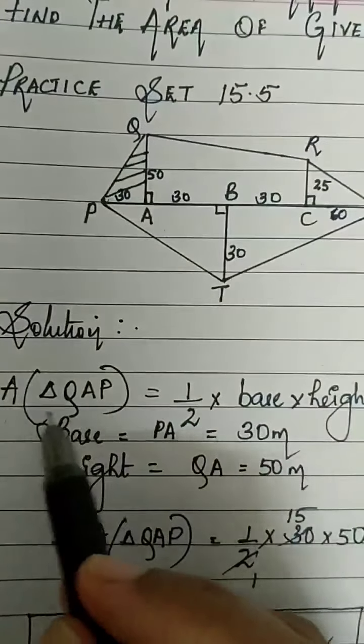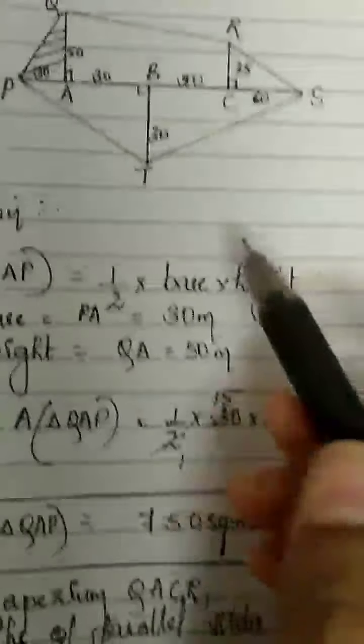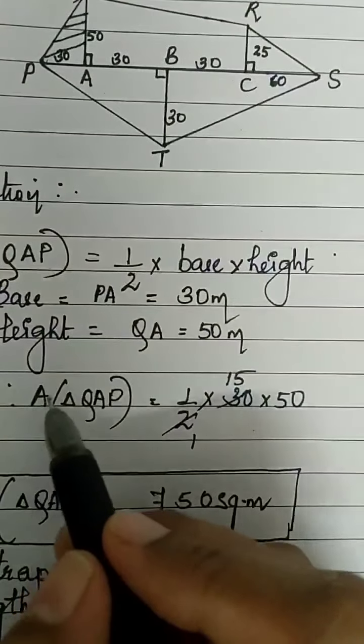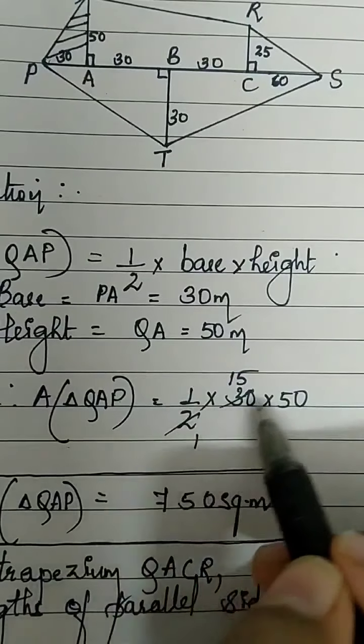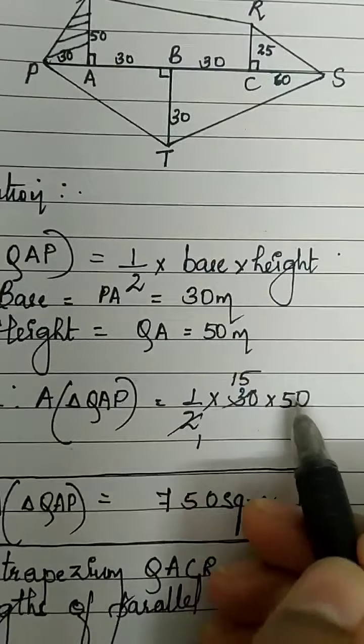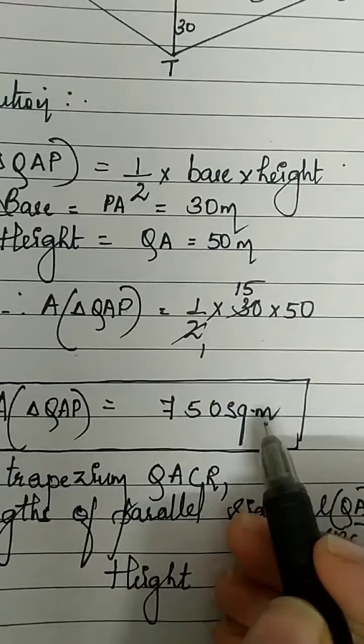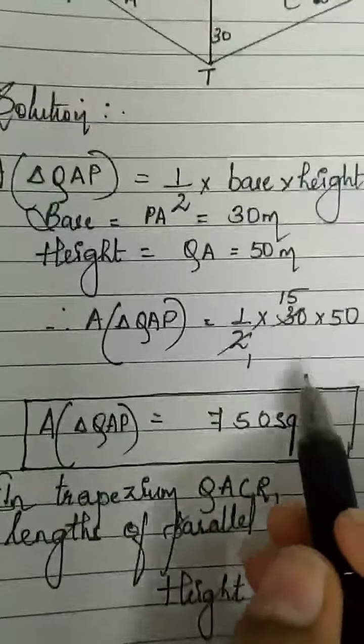And I wrote the formula: area of triangle QAP is equal to half into base into height. Substitute it. Therefore, area of triangle QAP is equal to half into 30 into 50. 2 ones are 2, 15 twos are 30, I did. 50 into 15, we got 750 square meter. Area of triangle QAP is equal to 750 square meter.